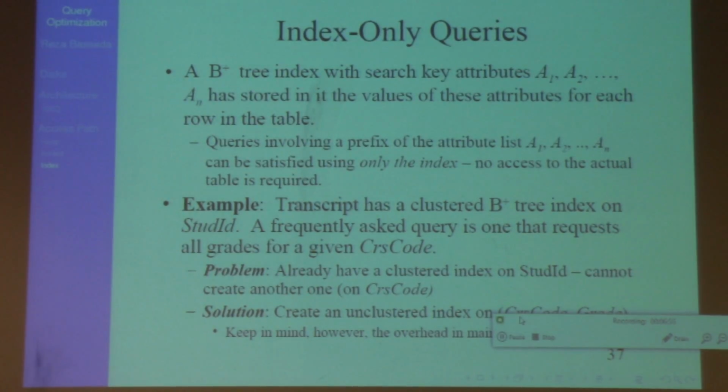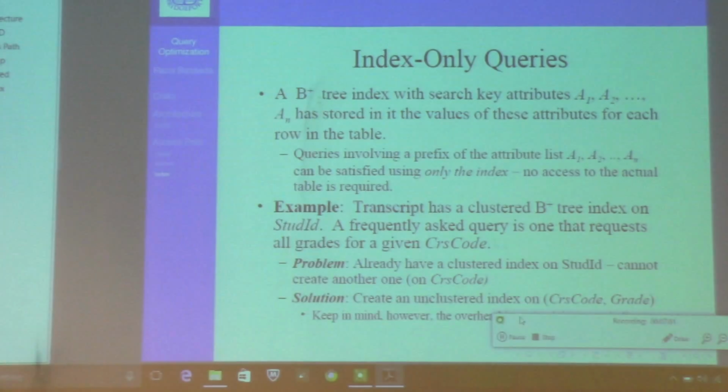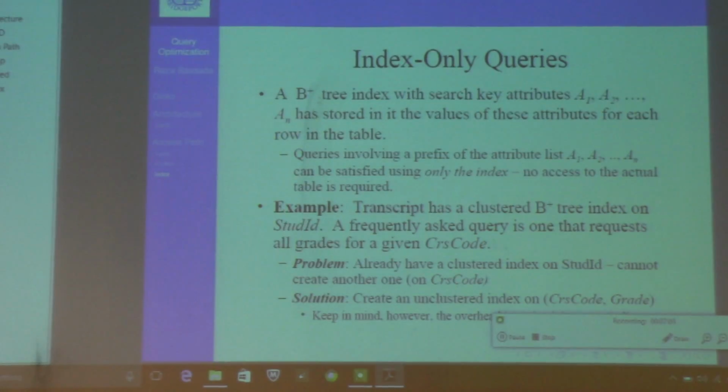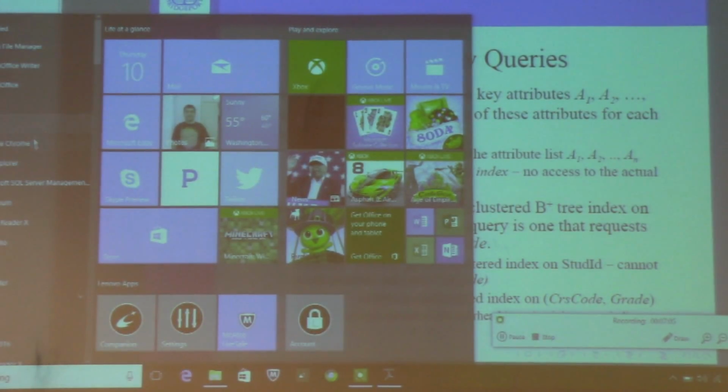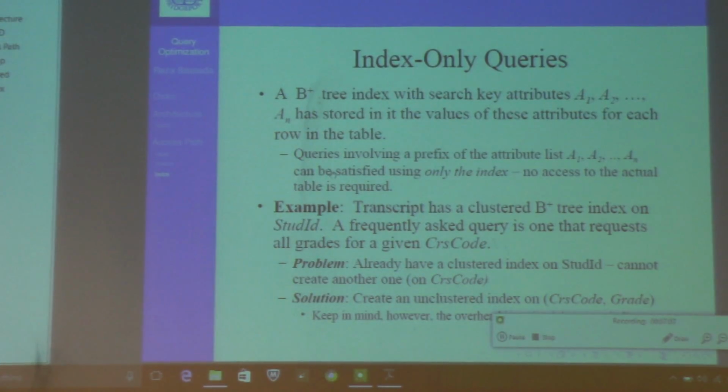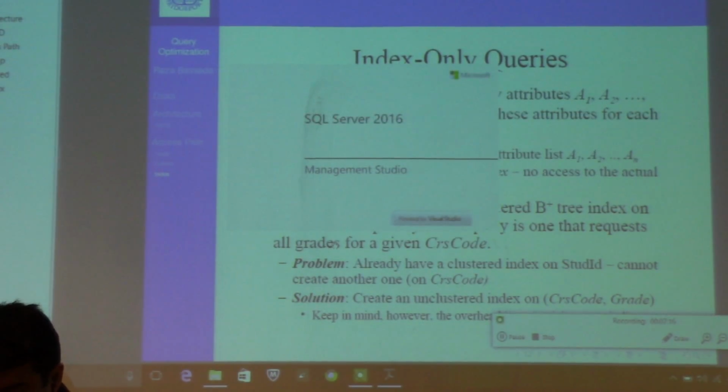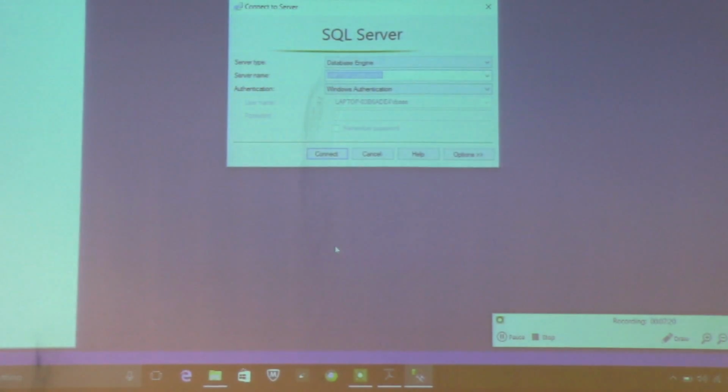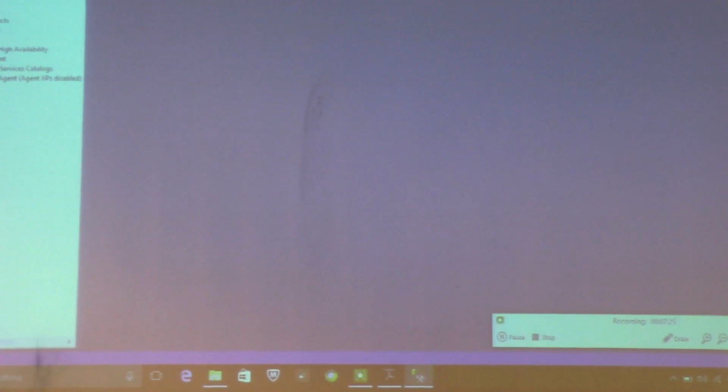So if we index the table based on the professor ID, we will also improve the search. Okay, so this was the performance of execution and query optimization.